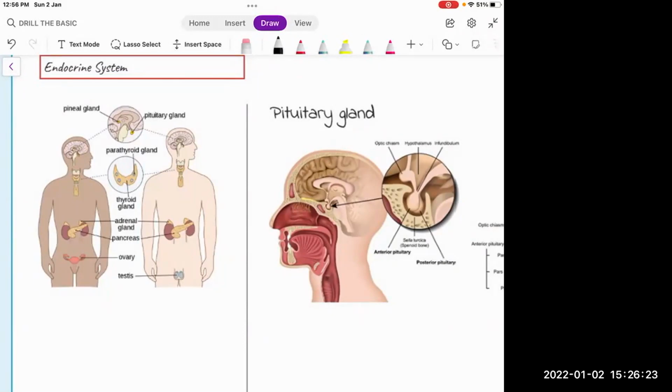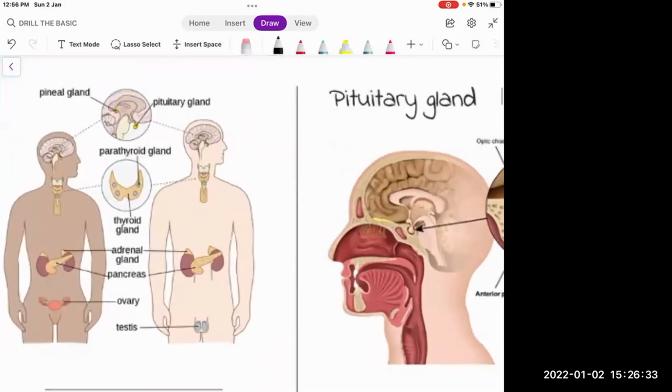First and foremost, what are all the endocrine hormone glands we have? Start from the top. In the brain, we have two major important endocrine glands, the pineal gland and the pituitary gland.